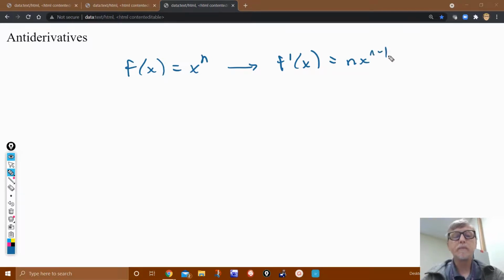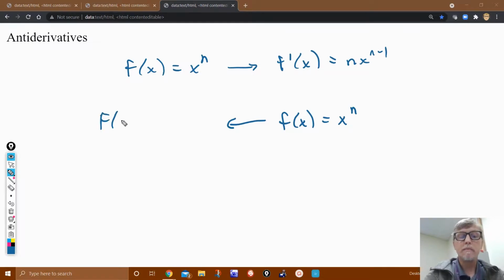Well, if f of x is x to the n and you want to work backwards and find an antiderivative, let's think about what we did here. We multiplied by an exponent and then subtracted 1 from the exponent. So the first thing we'd have to do to undo that process is add 1 to the exponent. And then instead of multiplying, we would divide by that increased exponent.